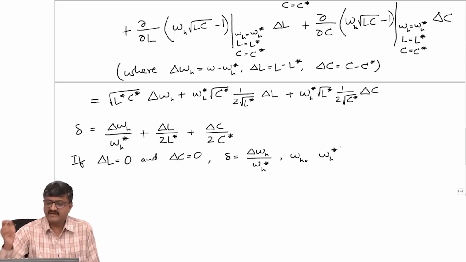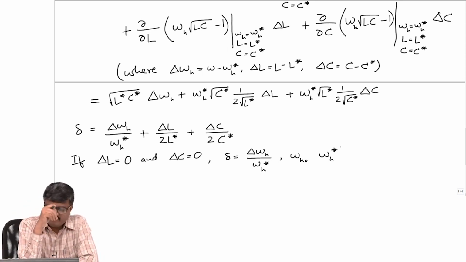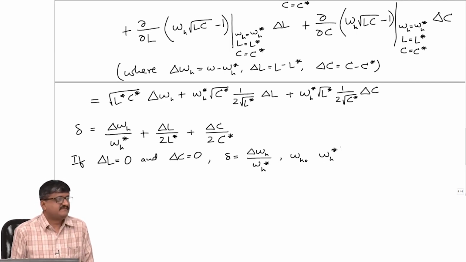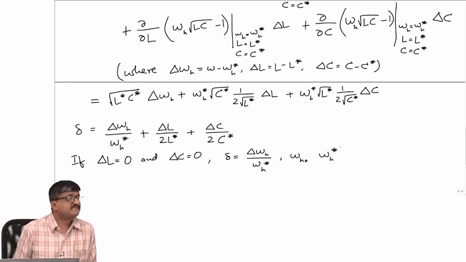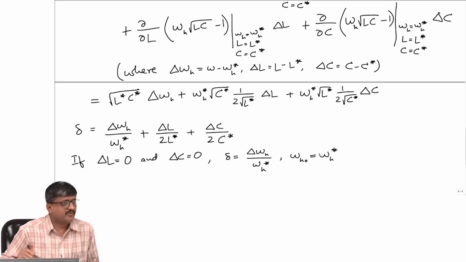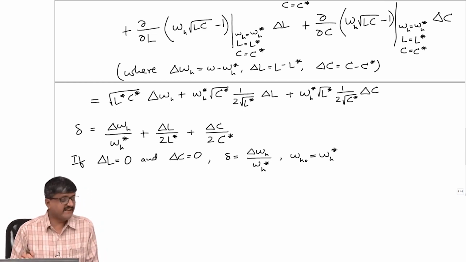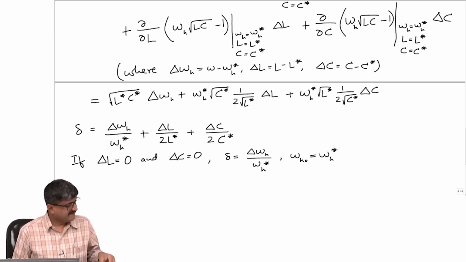Look at the definition of omega HO, look at the definition of omega H star, look at the definition of delta L, delta C, and suppose delta L is 0, delta C is 0. Same. Okay. So, omega HO is equal to omega H star. Please note, we get this only if delta L is 0, delta C is 0, otherwise no.